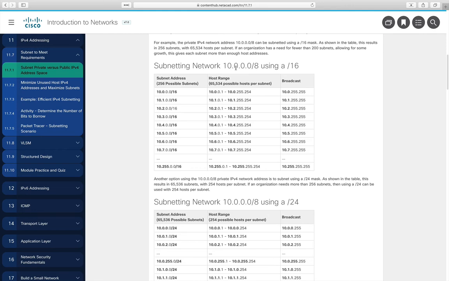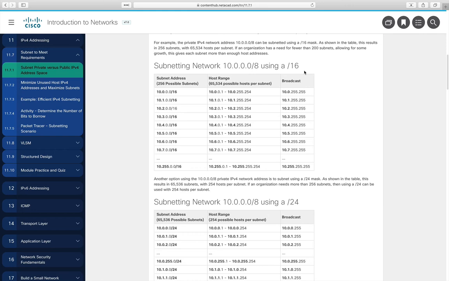So the /8 would refer to the 10, which is the Class A private address space. So you're taking a huge subnet that has something like 16.4 million addresses, and we're going to just convert that to a /16. So in effect, we are borrowing 8 bits.